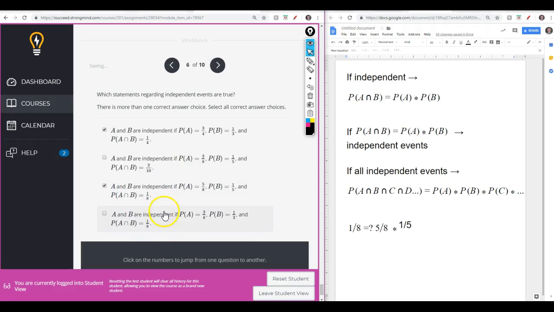So then we see on this next one, the probability of A and B is 1/8, and the probability of A is 3/8. So let's check that. Does 3/8 times 1/3 equal 1/8?